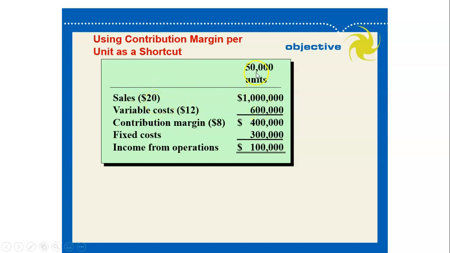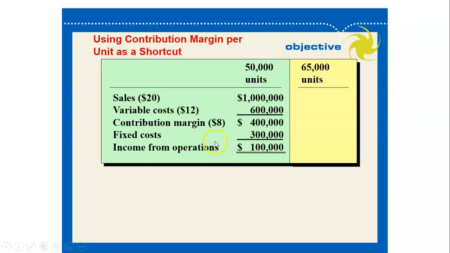The 600,000 divided by the 50,000 units, my variable cost is $12 per unit. 400,000 divided by the 50,000 units is $8, or I can take the $20 minus the $12, and that equals $8. So we may already have the sales price, variable cost per unit, and contribution margin per unit. If we don't, and we only have these totals, then we just have to know how many units and we can get to those per unit amounts.